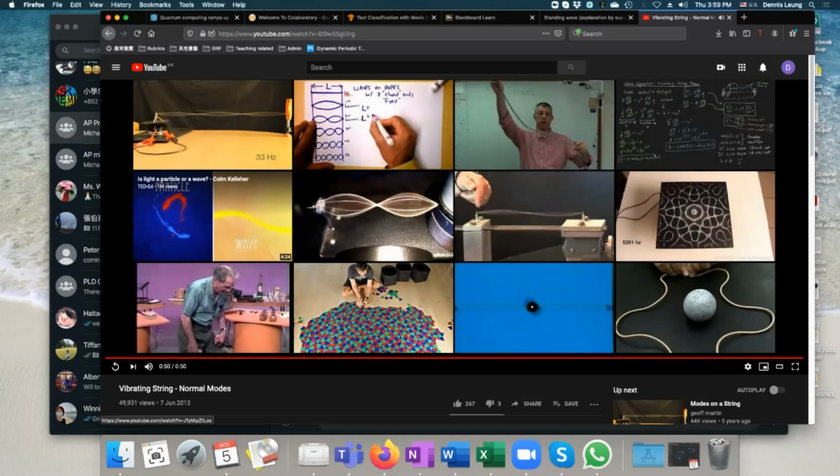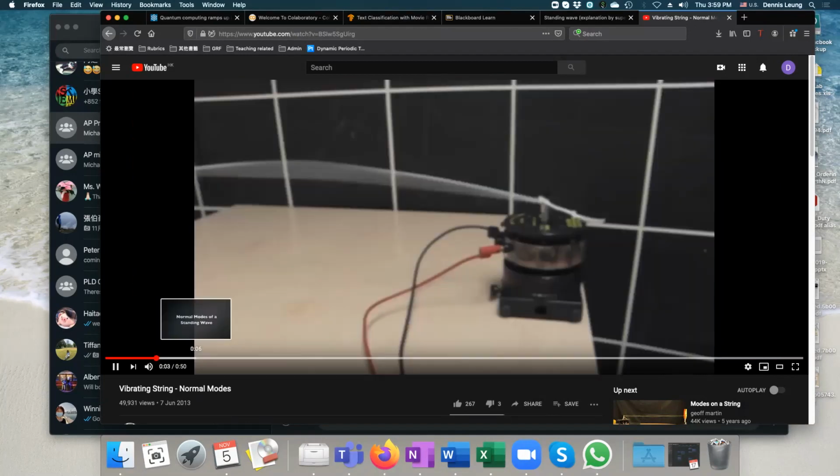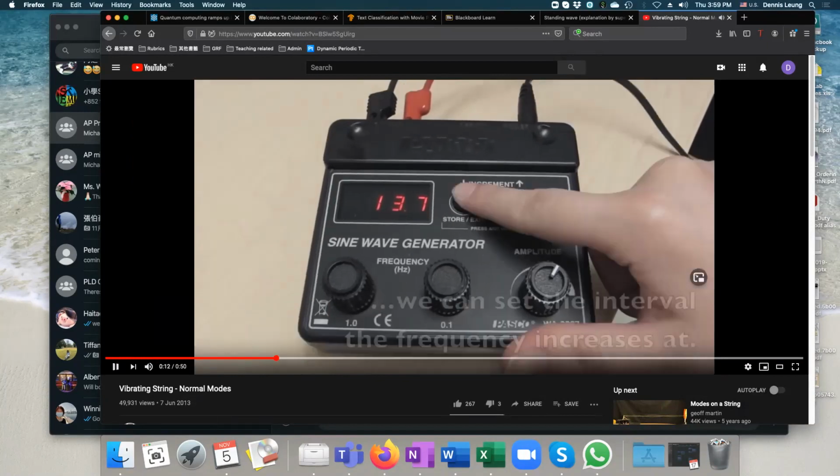Specific criteria: the nodes and antinodes are always separated by the same distance, which is lambda over 2. And you would also notice in the video that standing waves seem to occur only at specific frequencies.